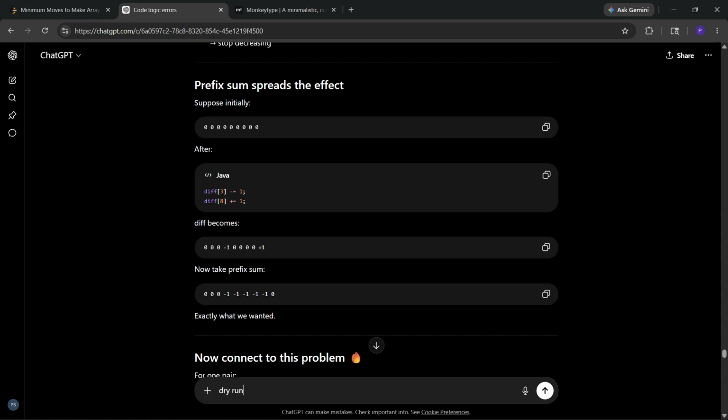Limit equals to 4 and array is 1, 2, 4, 3.